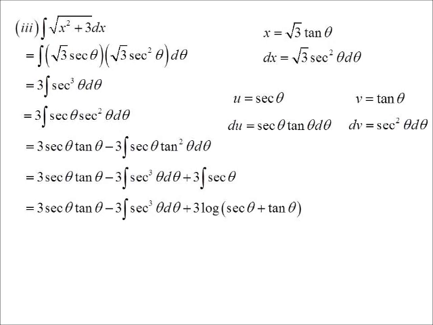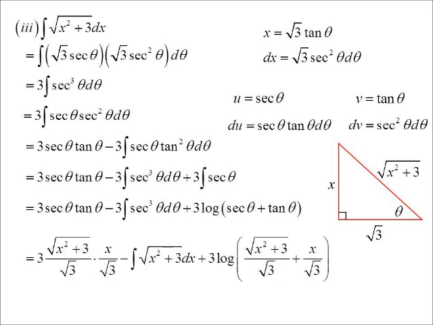But hang on. If you look at my third line says 3 times the integral of sec cubed. So 3 times the integral of sec cubed is equal to this one. So it's another one of these situations where I can treat it like an equation. I might just substitute in first of all. So rearranging all that. 3 sec theta, square root of x squared plus 3 on root 3, times tan theta, x on root 3.